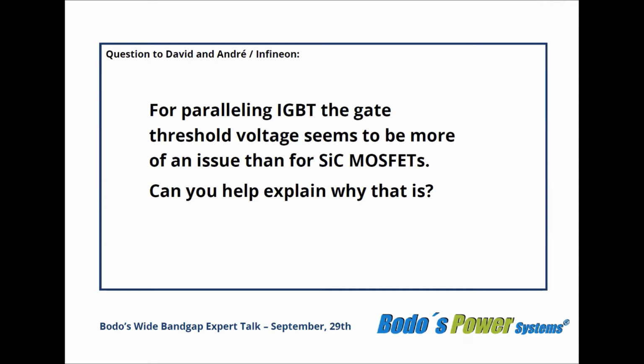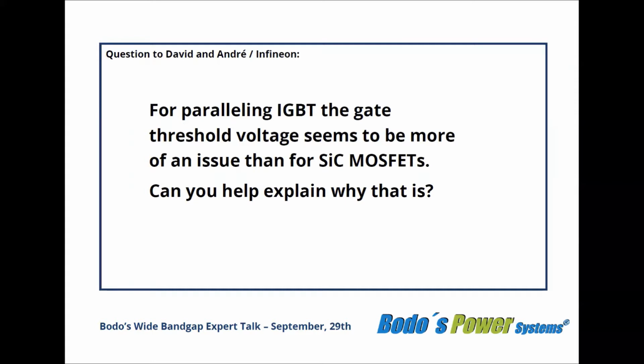Based on our investigations, the major difference is due to the difference in the transconductance. Silicon devices like IGBTs or even CoolMOS devices have a very steep transconductance, which means if you have a small deviation in the VTH between two parallel parts, it might happen that one is already fully on, the other one is off, and then of course it might lead to some oscillations and problems.